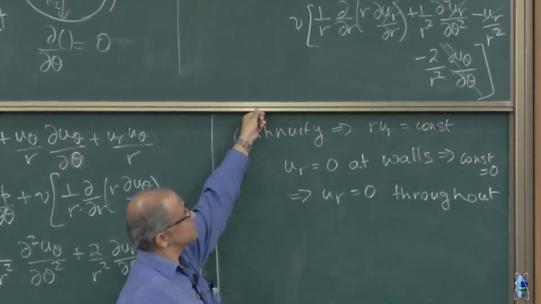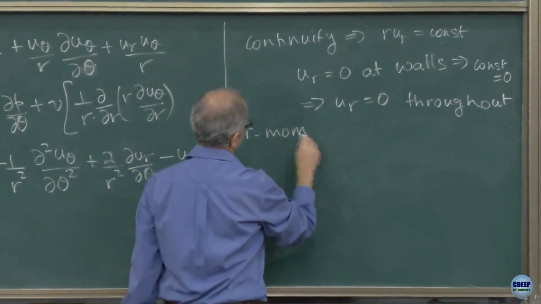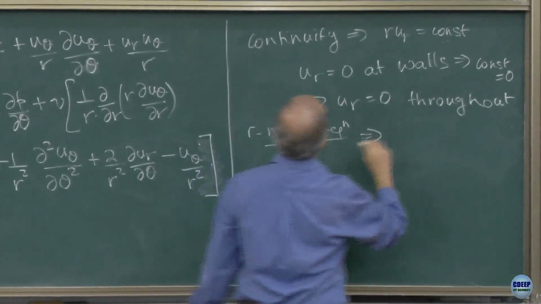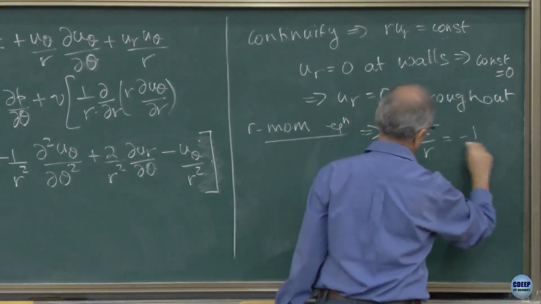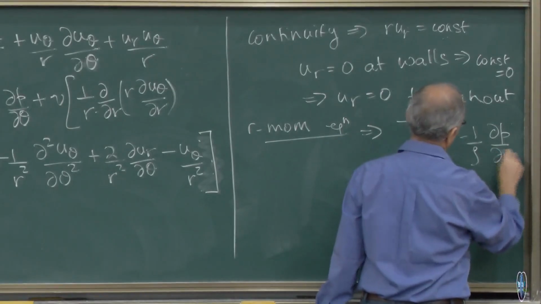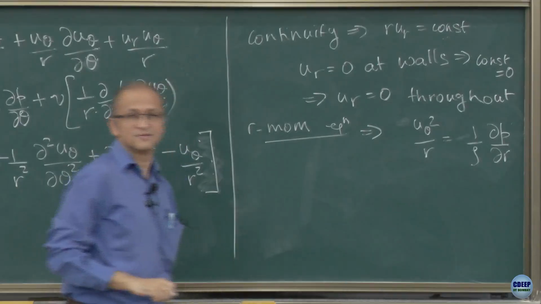The only thing which remains in the r momentum equation is minus u theta square upon r equal to minus 1 upon rho times dou P dou r. Of course, I can now get rid of the minus sign, and this is what I get.